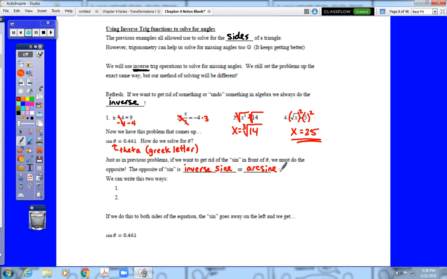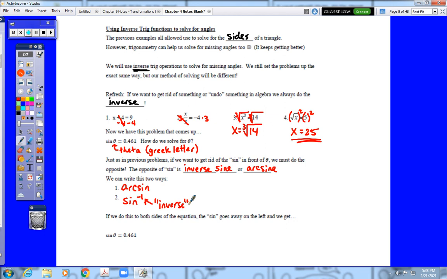Now that's notated in 2 different ways. We can either say the arc sine specifically, or we can use the notation sine to the negative first power, but that is mathematics for inverse. That's a mathematical symbol for inverse. It's not an exponent. Okay?